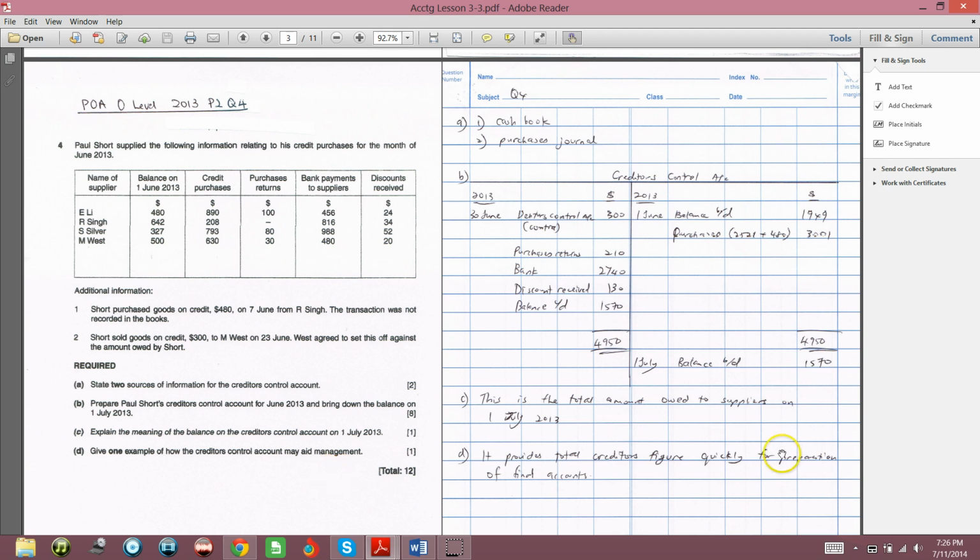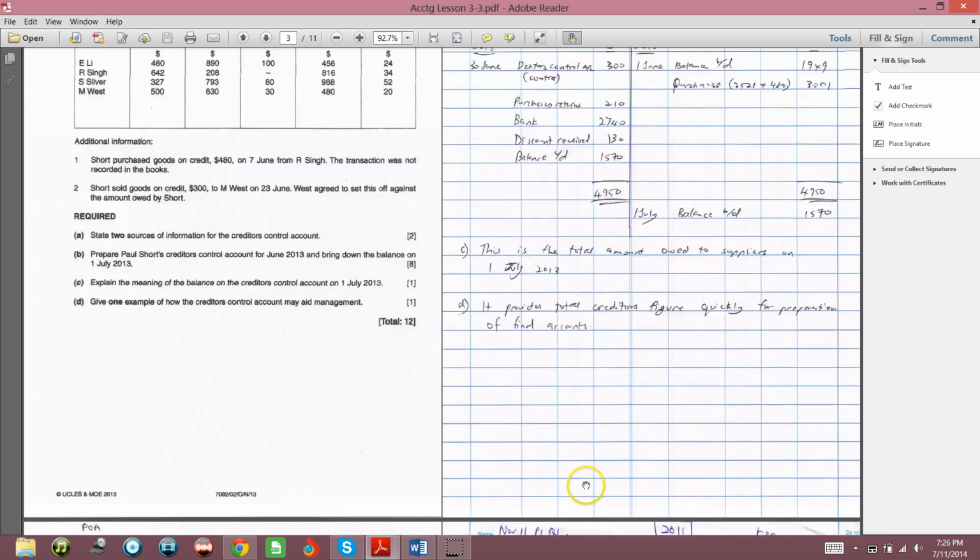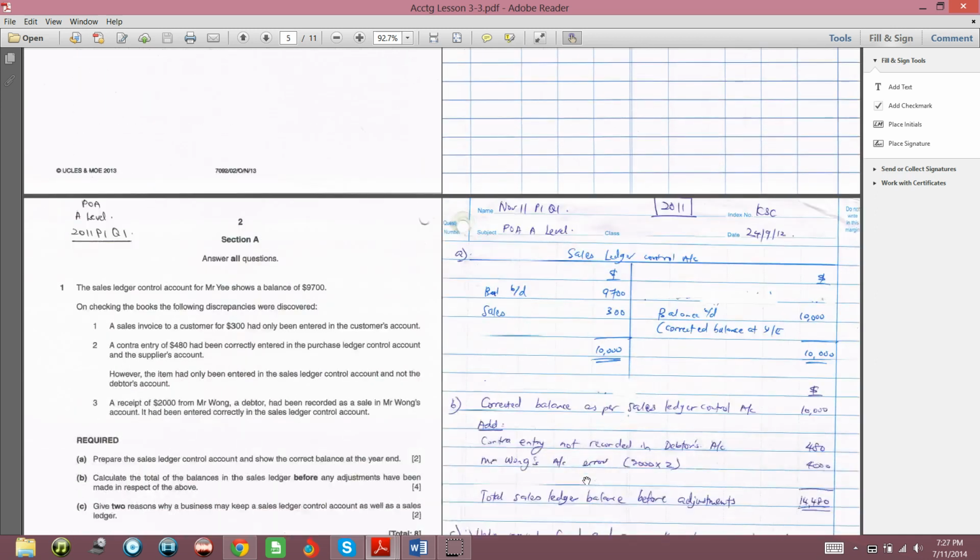It provides total creditors figure quickly for preparation of final accounts. You can also say not to overload the general ledger with too many individual creditor accounts.